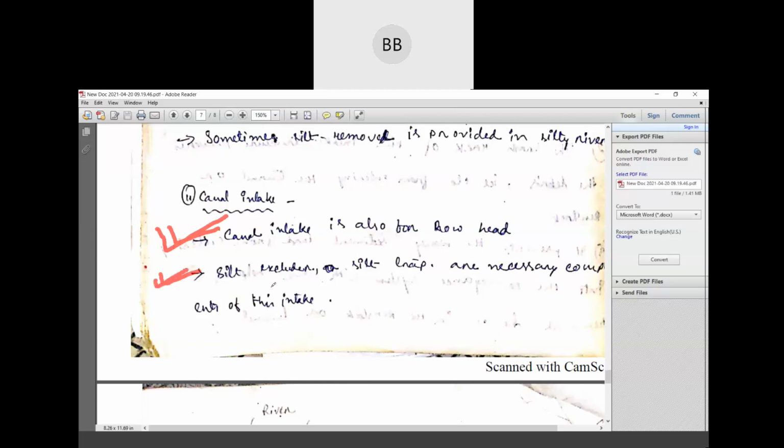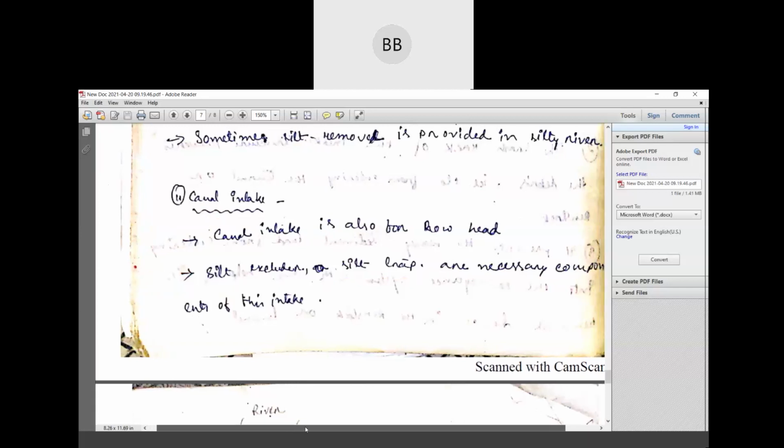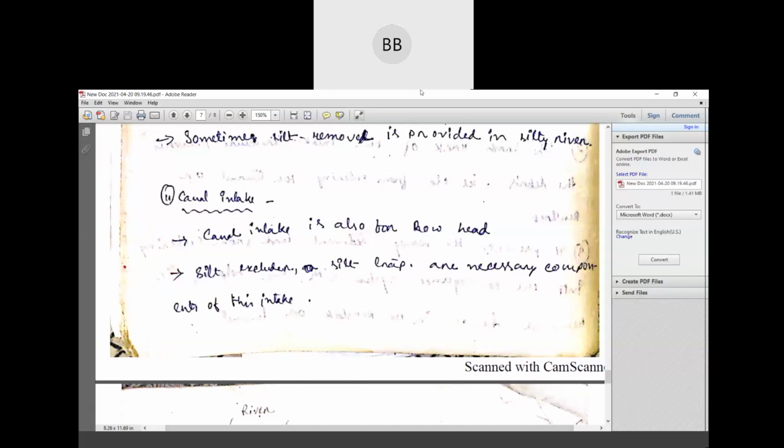Second point you write, you have to provide silt excluder or silt trap. They are necessary components of canal intake.